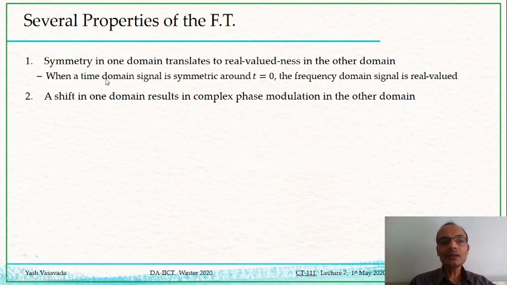So for example, if I have a time domain signal which is symmetric around t equal to 0, meaning that if I take t equal to 0 as the vertical axis, the y axis, and if I look on the positive side, on the right hand side, basically t greater than 0, if the shape of the signal is the same as how it looks for t less than 0, this is called mirror symmetry.